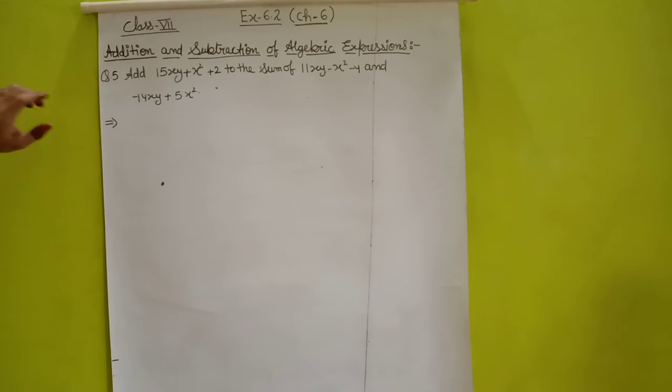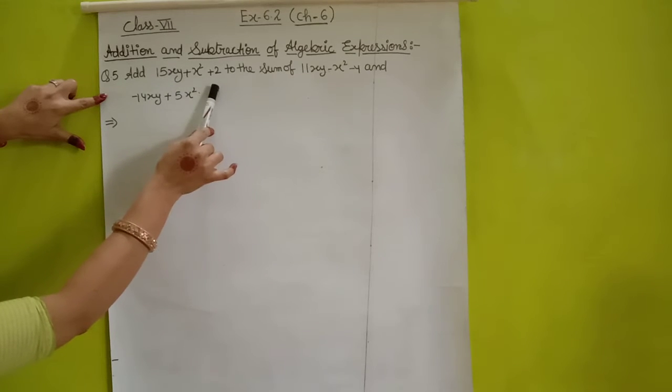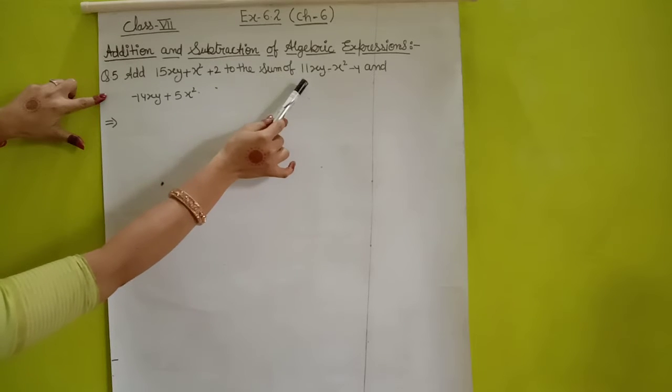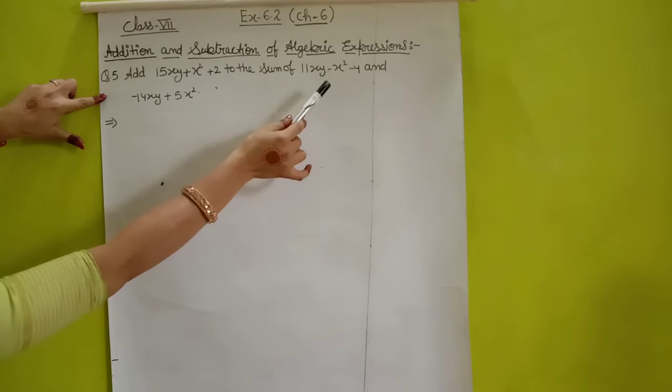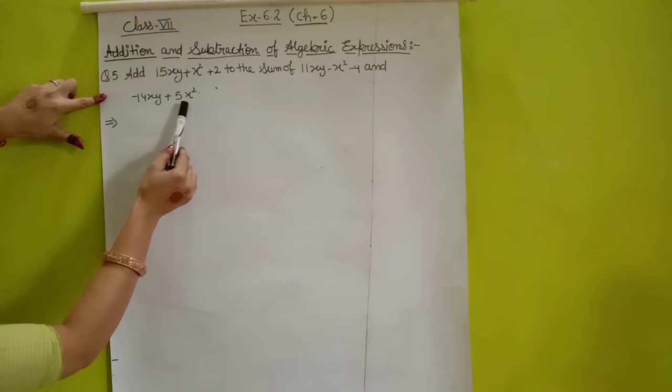Question number 5 is: add 15xy plus x square plus 2 to the sum of 11xy minus x square minus 4 and minus 14xy plus 5x square.